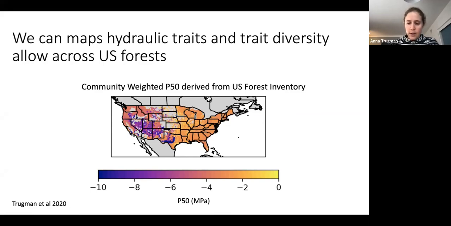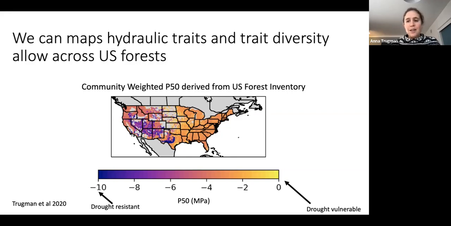And just to orient you here, less negative P50s correspond to more drought vulnerable species and communities that are comprised of more drought vulnerable species, and more negative values correspond to communities comprised of individual trees with predominantly more drought-resistant traits.